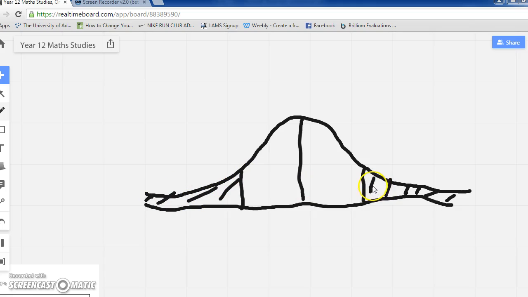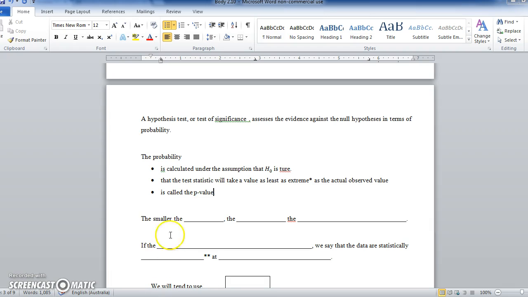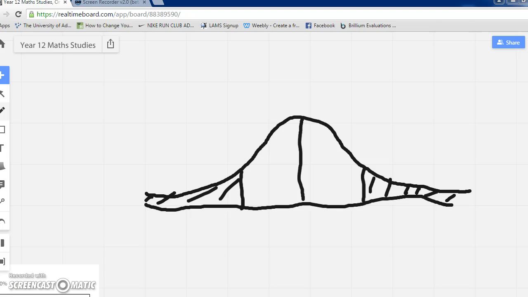So we're looking at the probability of it being here or more extreme, or here or more extreme. So we find the probability of it being at the observed value that we got, or more extreme, and the sum of those areas, that area plus that area, is what we call the p-value.